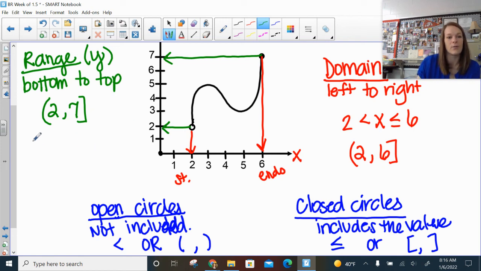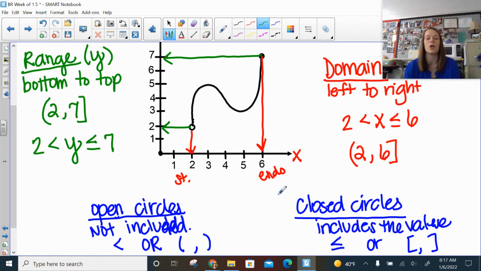Or I can write it 2 with a less than, and then a y, because it's range, not domain. And then a less than or equal to, because of the closed circle, to 7. So I still have the starting value, the ending value, and the signs or the parentheses and bracket depends on the open and the closed circles.